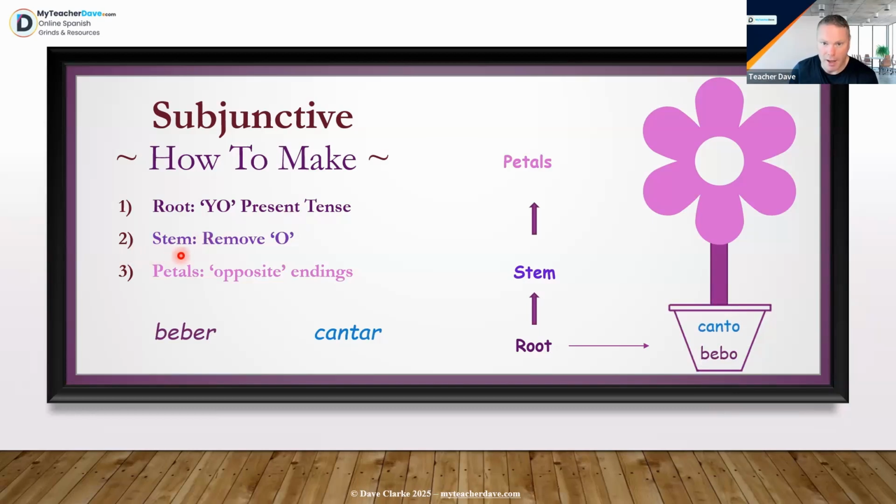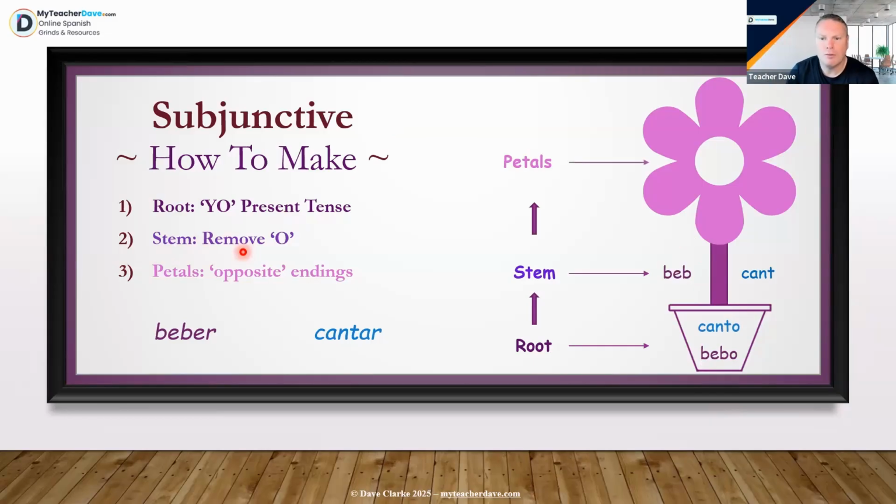Step 2, our stem, as we said, is we simply cut off the O at the end, and our verbs are primed now. They're ready to go. So we have beb and cant. And the last thing then is we have to pop on our endings. And as we said, the endings are the opposite of what we would normally expect.